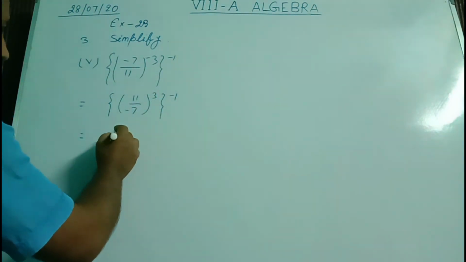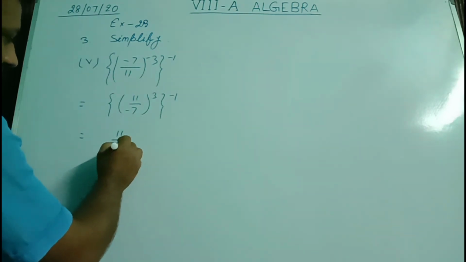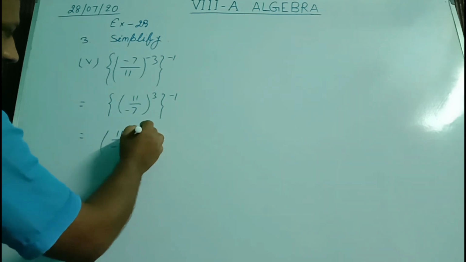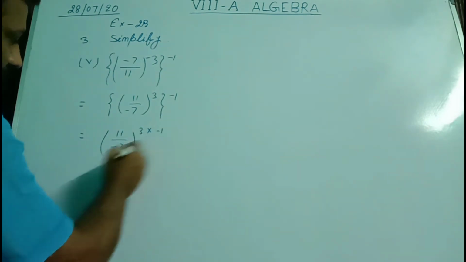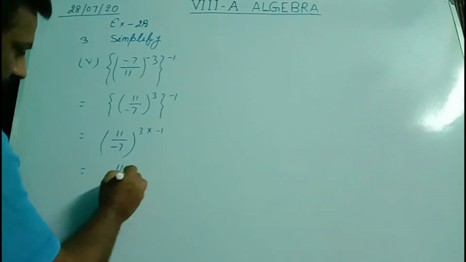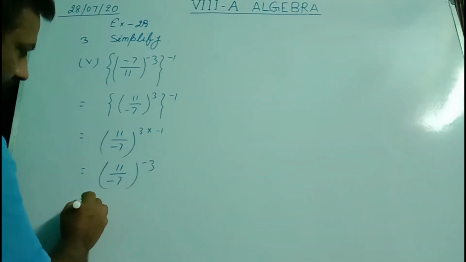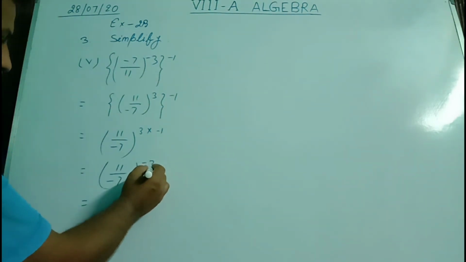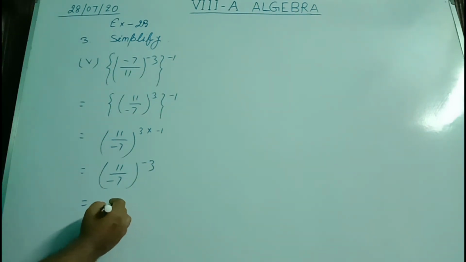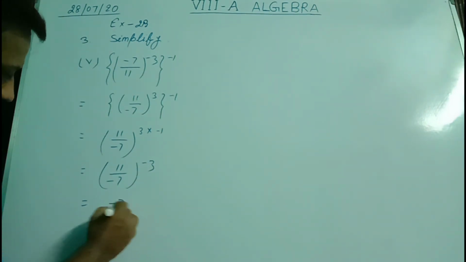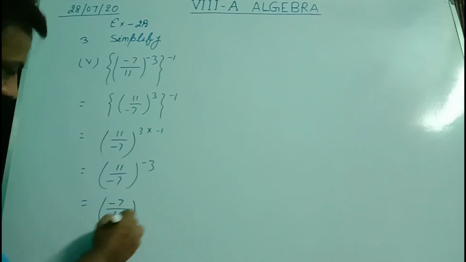Now power upon power, so 11 by minus 7 to the power 3 into minus 1. So this became 11 by minus 7 to the power minus 3. If we want to change this negative index into the positive index, for that we have to write the reciprocal of this, minus 7 by 11 whole cube.